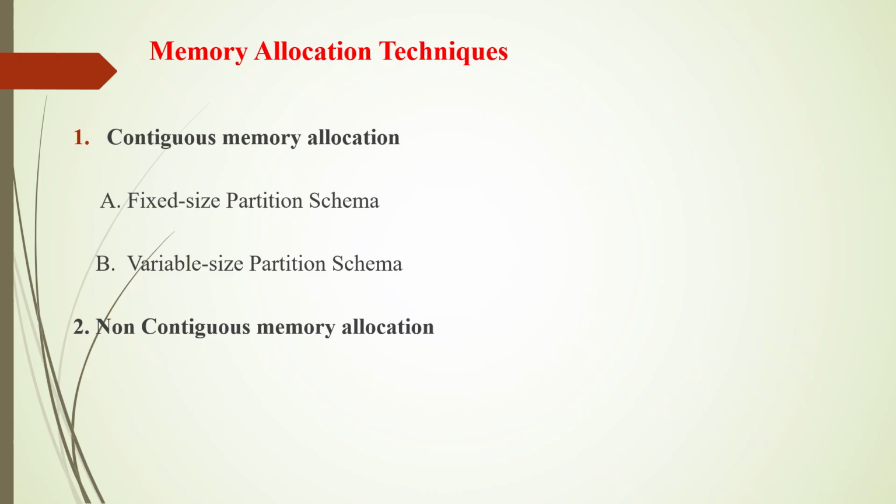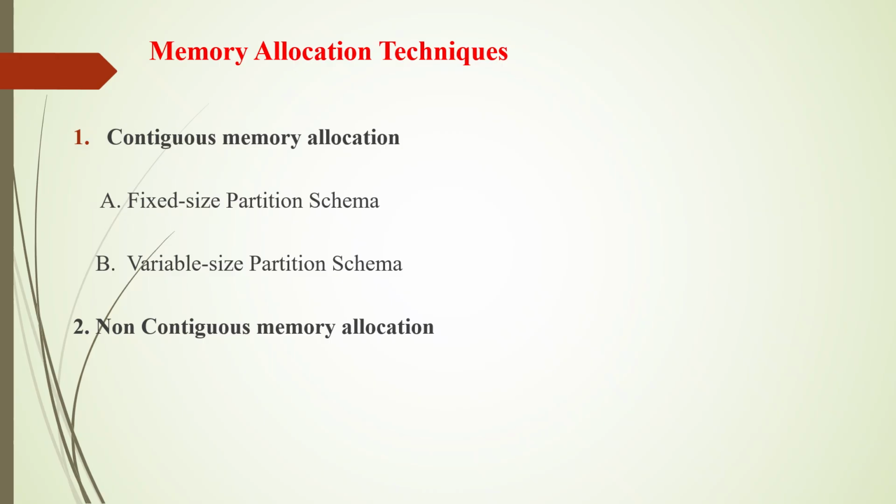This unused space inside the partition is called internal fragmentation. For example, if a partition size is 10 MB and the process requires only 6 MB, the 4 MB of memory remains unused. The advantage of fixed partition is that it is simple and easy to implement, but it may lead to memory wastage.